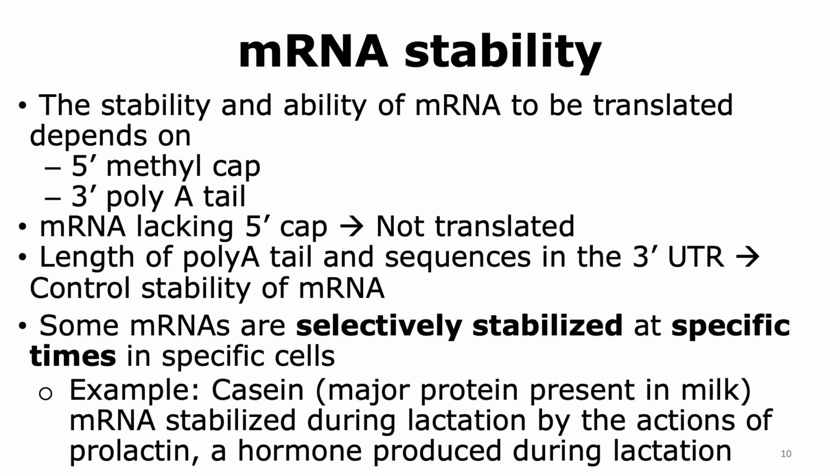Now, lactation occurs when a woman has a child or has given birth to a child, and in this instance, casein has to be expressed. So its mRNA is stabilized during lactation by the actions of a hormone called prolactin. Thus, in this example, we can see the selective stabilization of casein at a specific time, which is after childbirth.